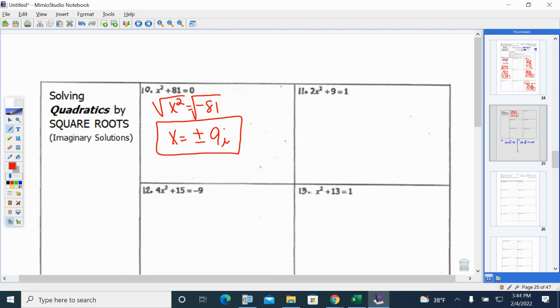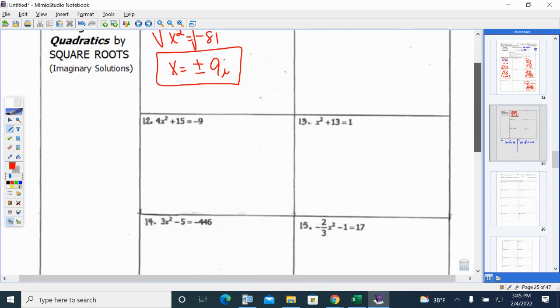Let's look at number 13. Example number 13. We're going to subtract the 13 from both sides. We've got to get the x squared by itself. 1 minus 13 is a negative 12.